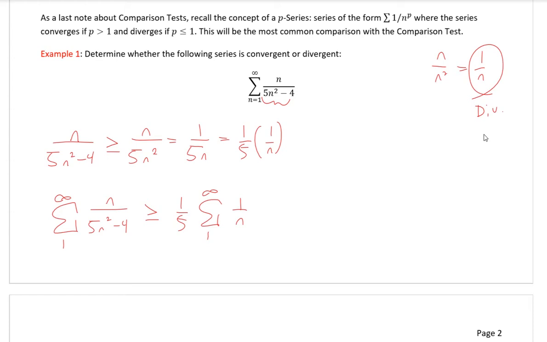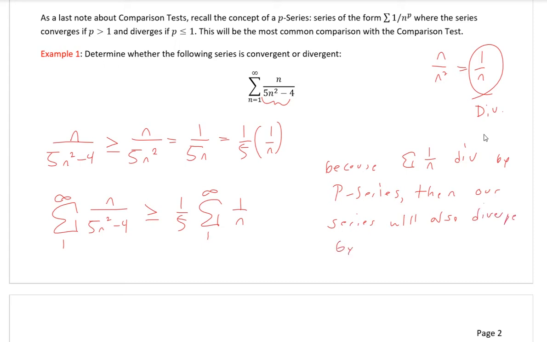However, we know that because the sum of 1 over n diverges by p-series, then we know our series will also diverge by the comparison test.